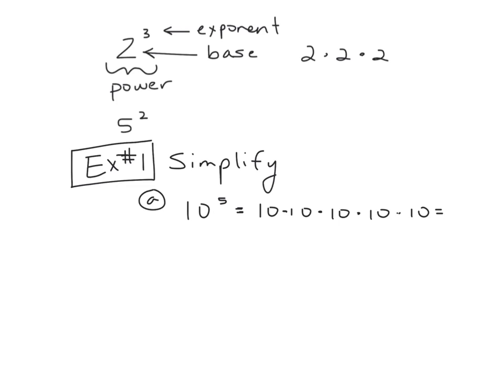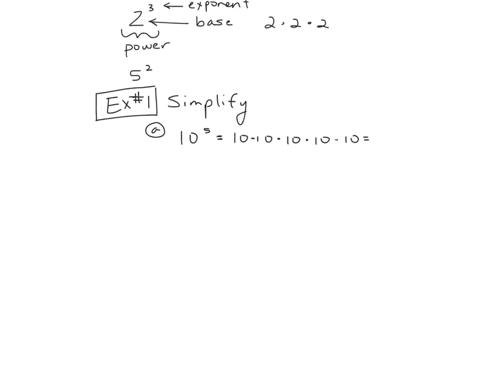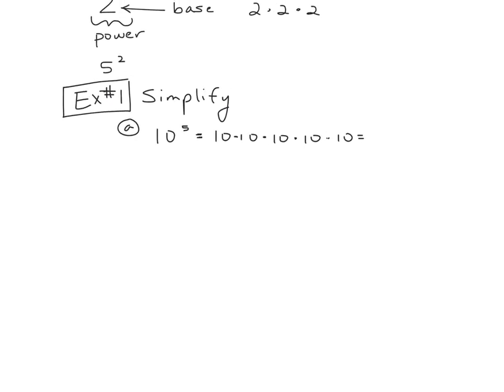Does anyone know what 10 to the 5th power is simplified? How many zeros? 5 zeros, right? So it's 100,000. That's the beauty of the number 10. If you take a 10 to a power, whatever that power is, that's how many zeros you're going to get out of it, right? Unfortunately, that doesn't work with all the other numbers, but that's okay.